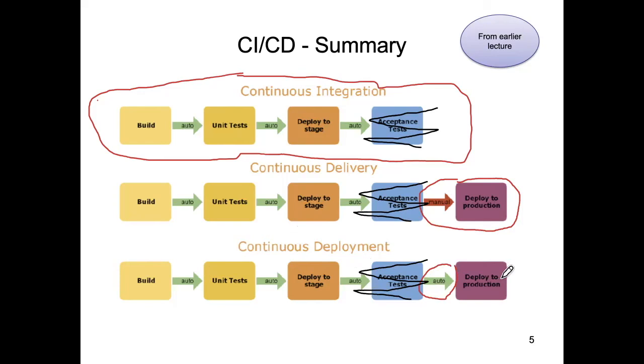So clearly only software houses that have a very mature CI/CD process would be following continuous deployment. Most software houses would have continuous integration. A lot as well would have continuous delivery, but only very advanced ones would have continuous deployment. So continuous deployment is where this step here is automatic, whereas up here it's manual.